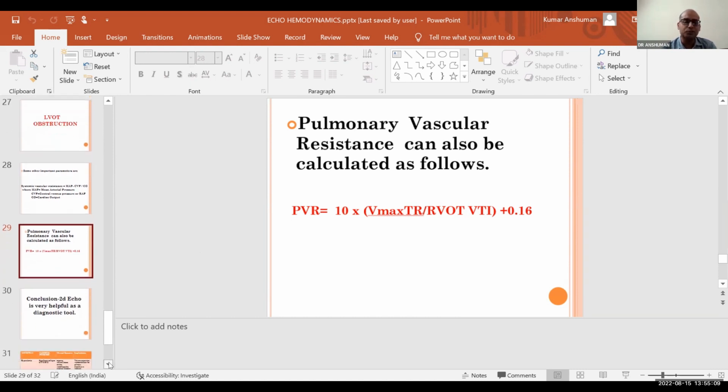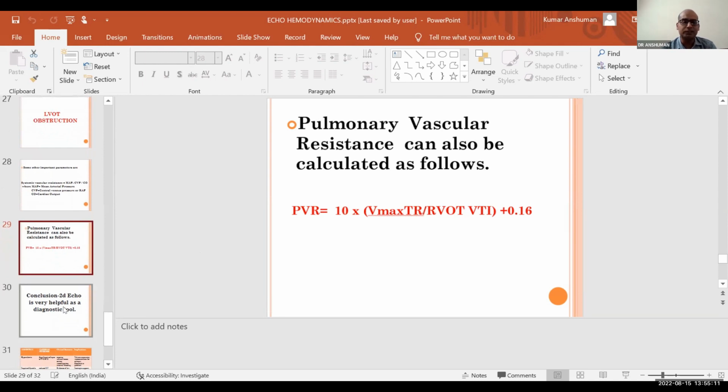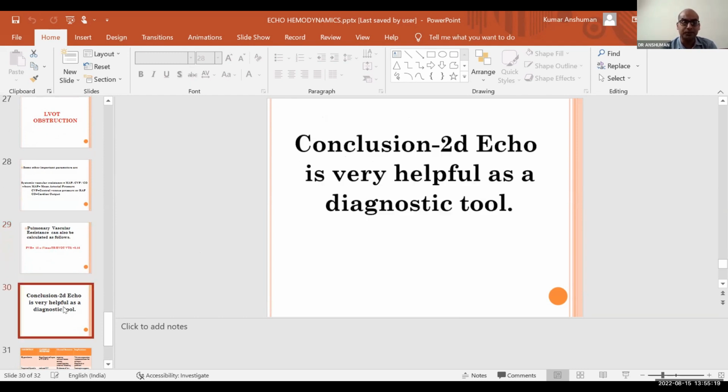So with this you can easily calculate and help your colleagues to decide about the treatment strategy as well as treatment effect. So 2D echo is not just about calculating the EF only.